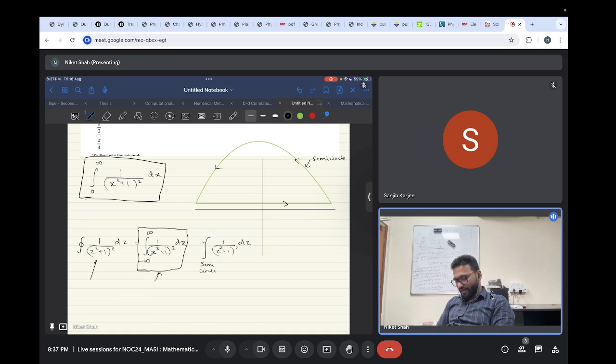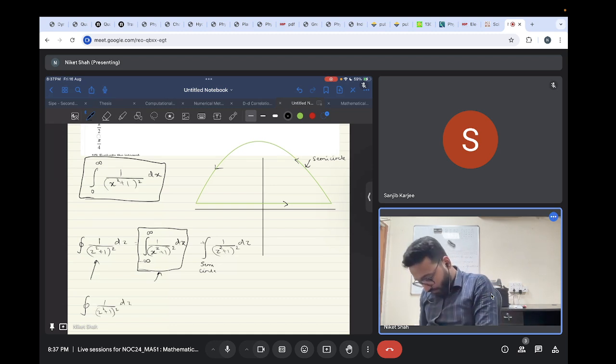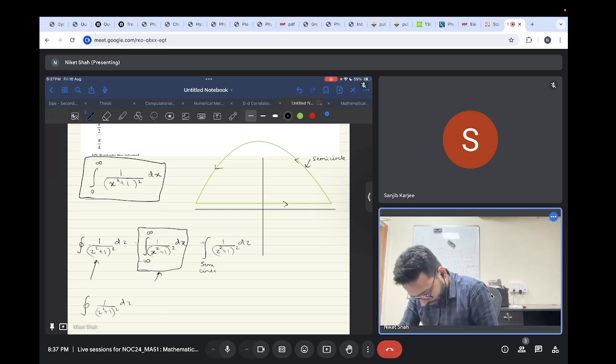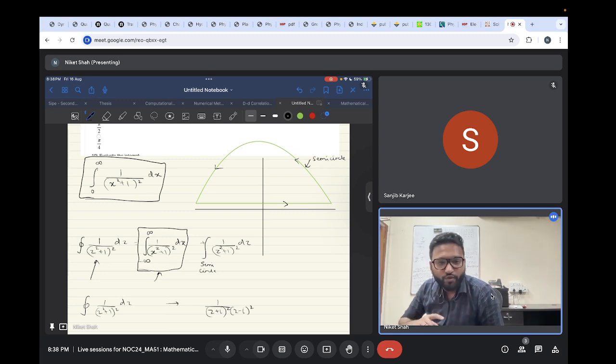Now, firstly, let's find the value of this left hand side. What is the value of cyclic integral 1 divided by z square plus 1 the whole square dz? This has poles: 1 divided by z plus I the whole square into z minus I the whole square. So it has two poles and both are of order 2.